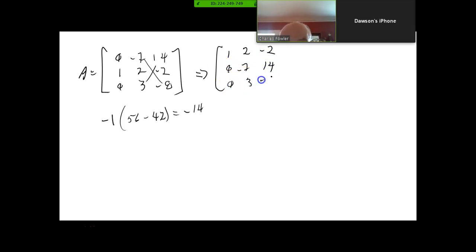They wanted you to row reduce this and first make this a 1 to -2. I don't know what I would have done next. 0, 7, -7, 14, and 0, 3, -8.